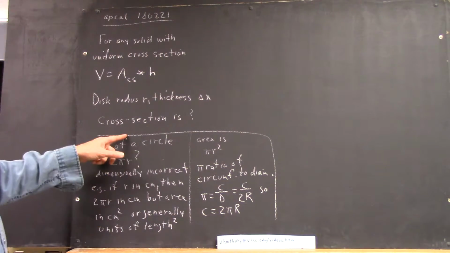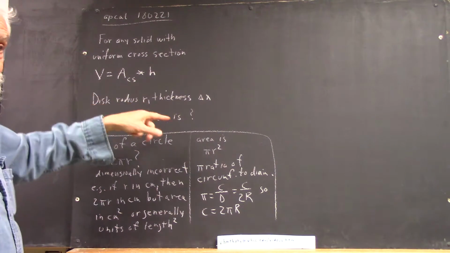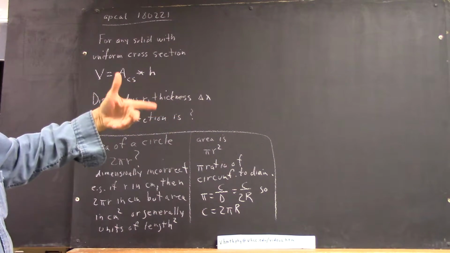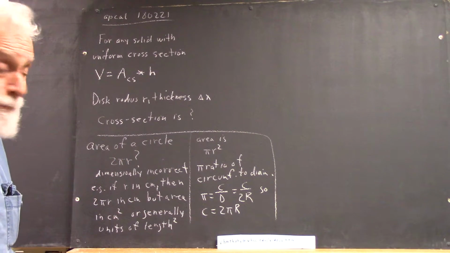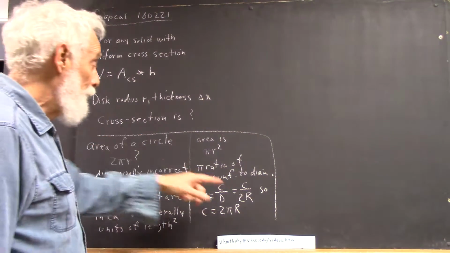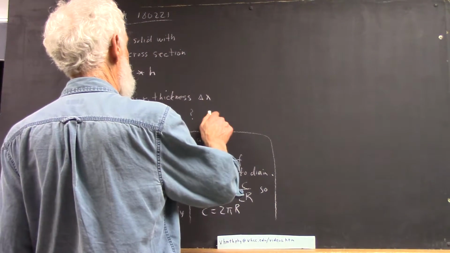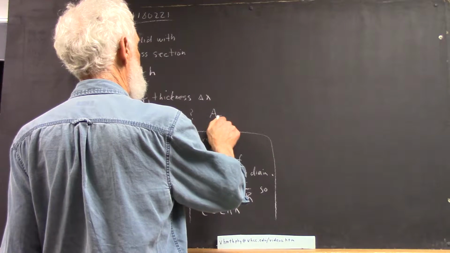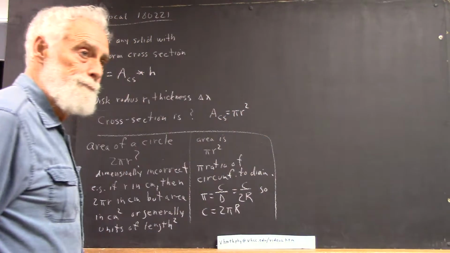Okay, so how do you calculate the cross-section of this disk? Cross-sectional area is, well, the cross-section's a circle, so the cross-section's the area of the circle. So now that we have these ideas, right?